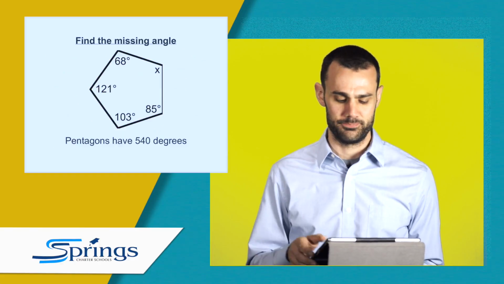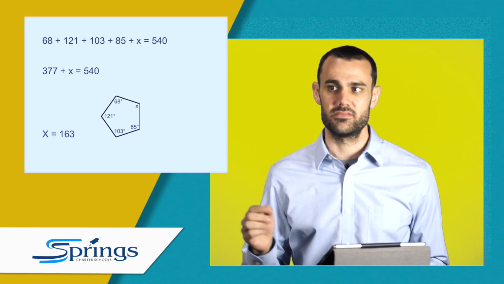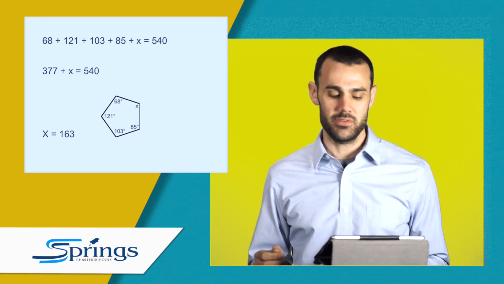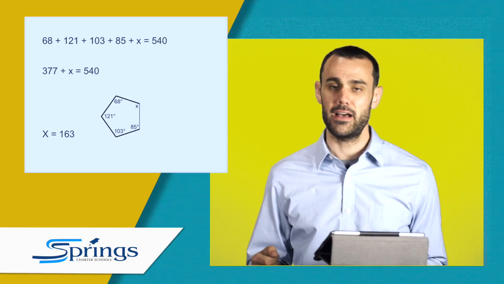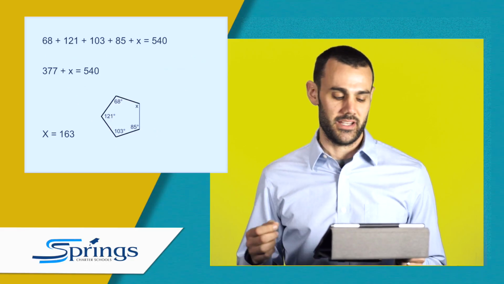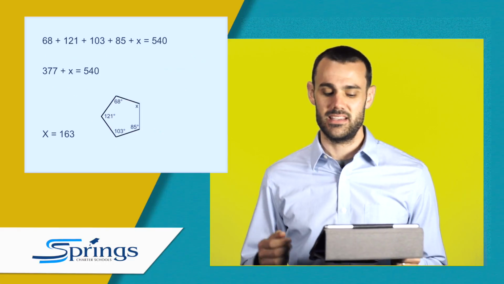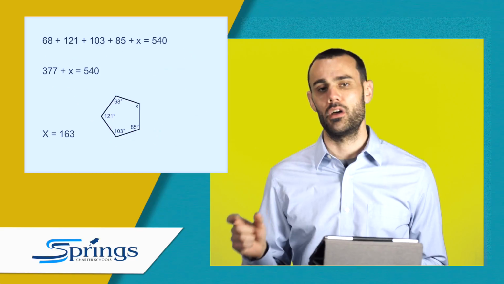So how do we do that? Well, because we know that the total number of degrees is 540, we can simply add up what we know, 68 plus 121, 103, and 85, and we get 377 degrees. Now, we have 377 plus x equals 540. Remember that 540 is our total number of degrees.